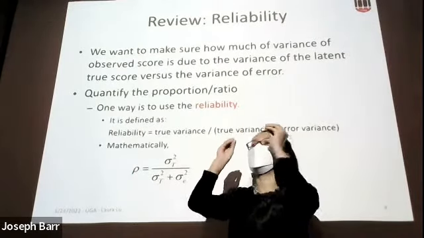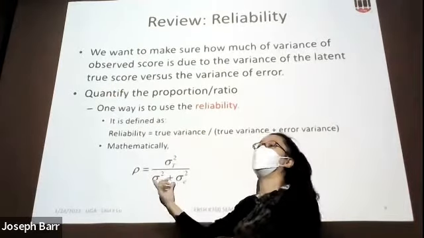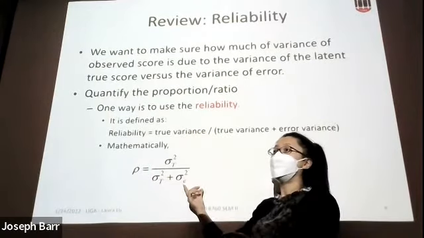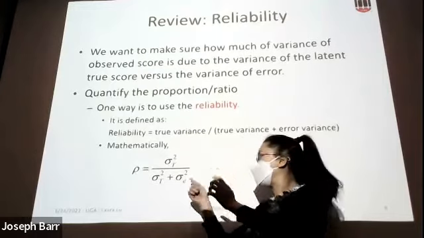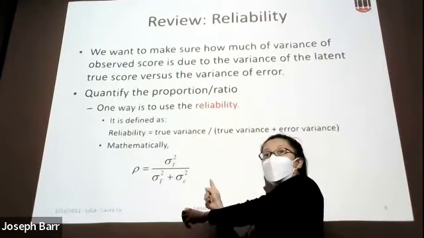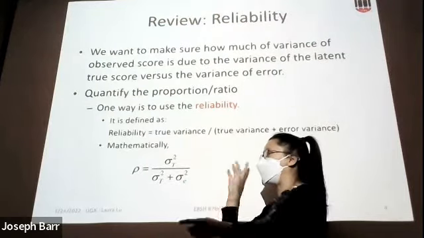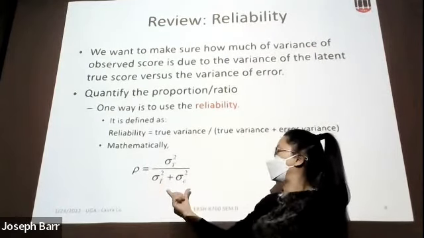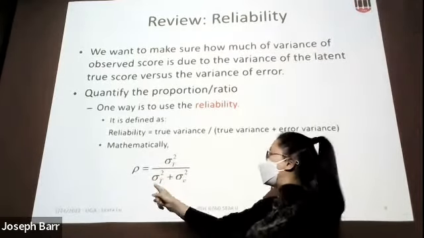So the variance of the raw score, the observed score, is a direct sum of the variance of the true score and the variance of the error. If they are not independent, there's a covariance, and then we also need to look at the covariance. But by our assumption, the covariance is zero. We don't have correlation among them. So we just simply take the sum of these two parts.